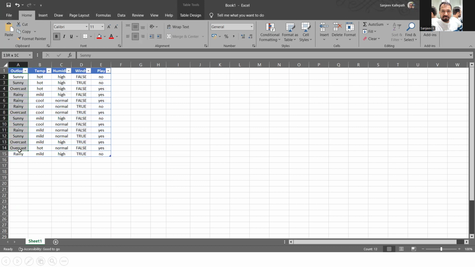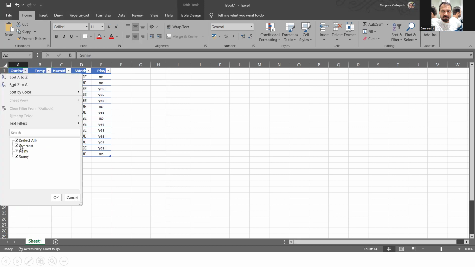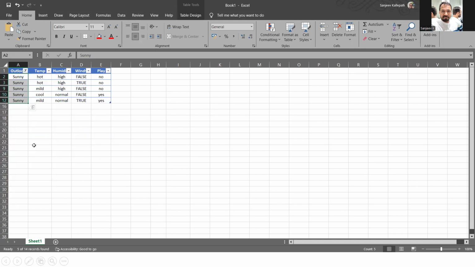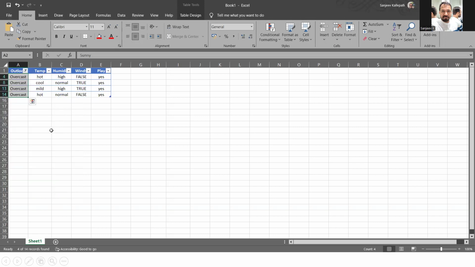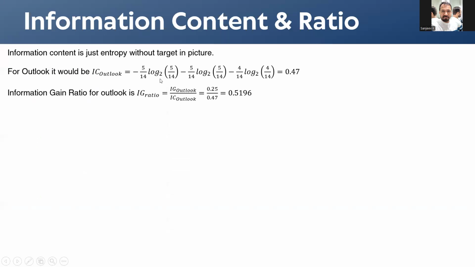If I look at just outlook, I'm not going to look at any of these other columns. Only at outlook, there are about 14 values, out of which I have sunny 5 records, rainy another 5 records, and overcast 4 records. So for sunny 5 by 14, rainy 5 by 14, overcast 4 by 14: the probability of sunny, probability of rainy, probability of overcast.